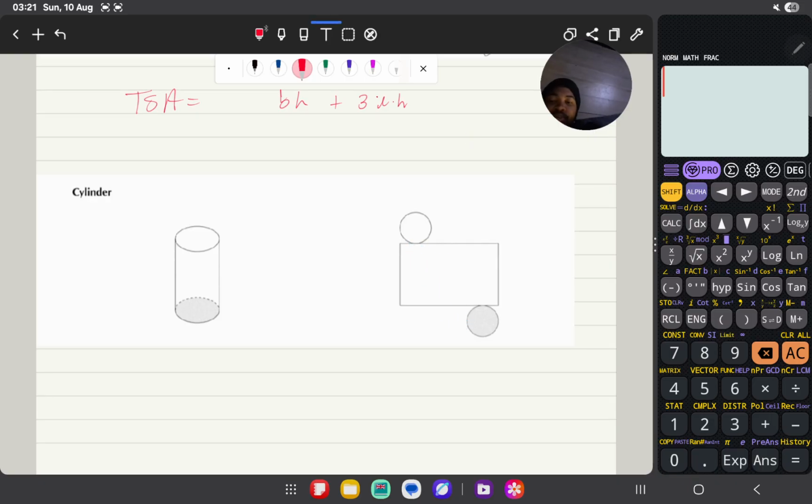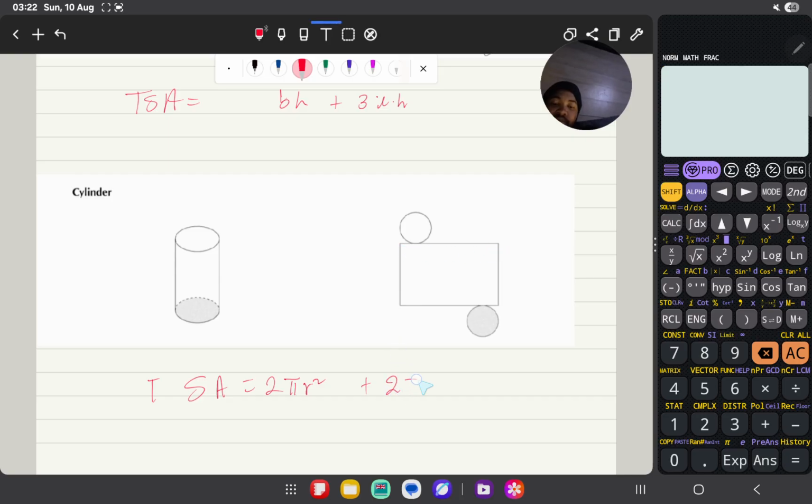For the cylinder, it's also quite easy, TSA, Team South Africa. So total surface area, you have 2 circles. Area of a circle is pi radius squared. That means you have 2 pi radius squared because there are 2 of them, right? And then plus, this side is what makes the circumference of the circle.